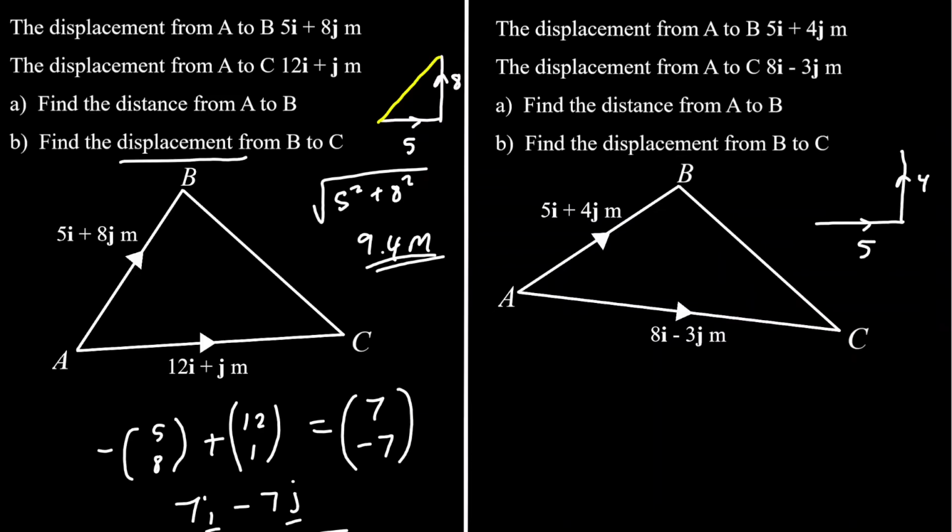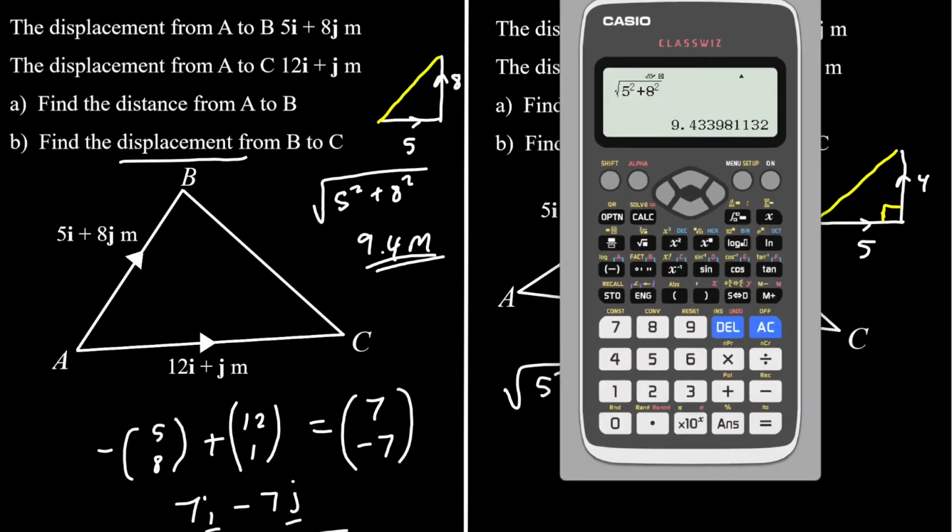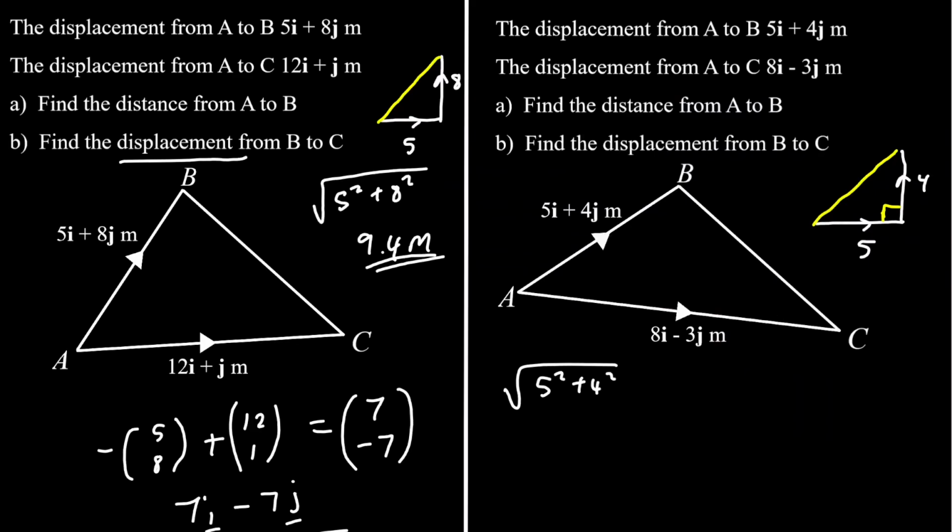To find the magnitude, we use Pythagoras. So the square root of 5 squared plus 4 squared is 6.4 meters.